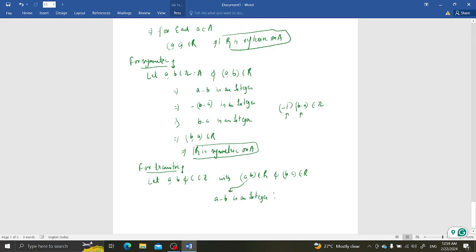If B comma C belongs to R, then B minus C is an integer.